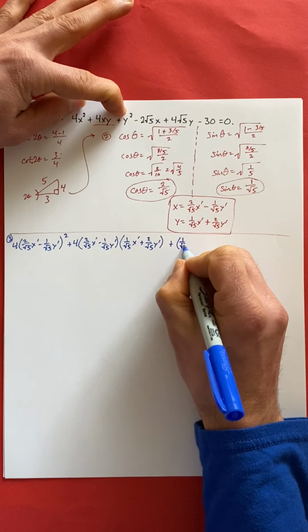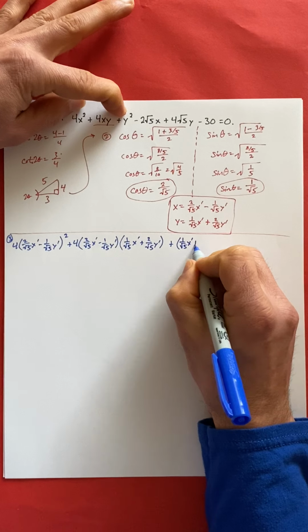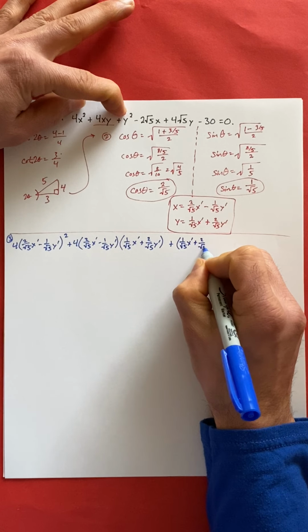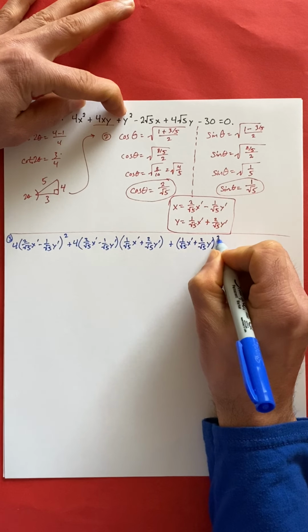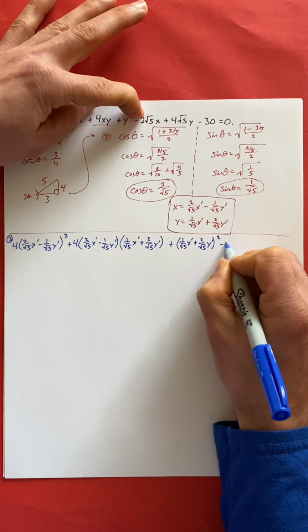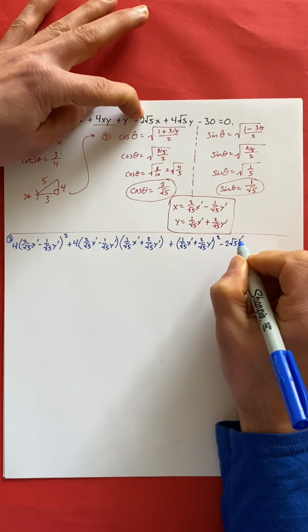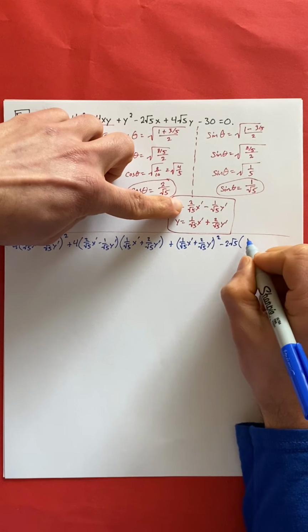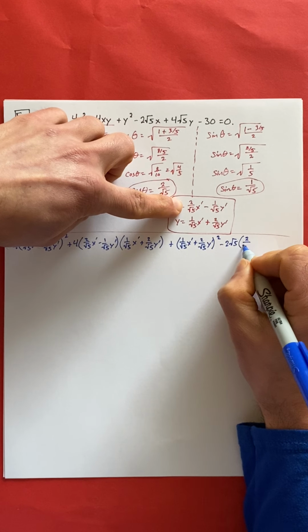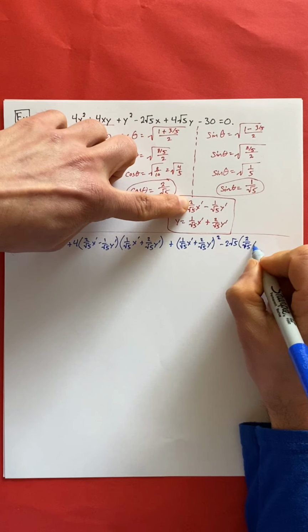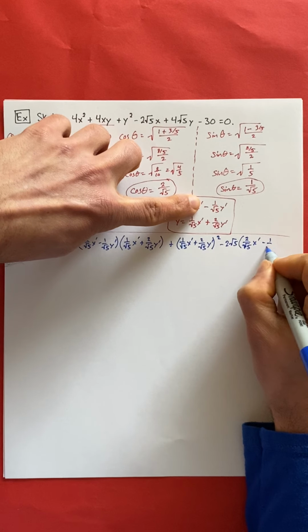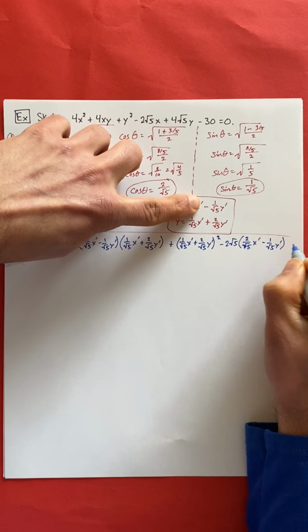Now I've got plus y squared, so plus that squared. It's 1 over the square root of 5 x prime plus 2 over the square root of 5 y prime, quantity squared, minus 2 square roots of 5 times x, which again is the top one. So 2 over the square root of 5 x prime minus 1 over the square root of 5 y prime.